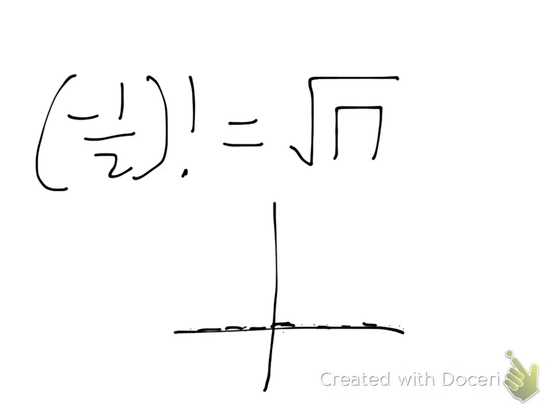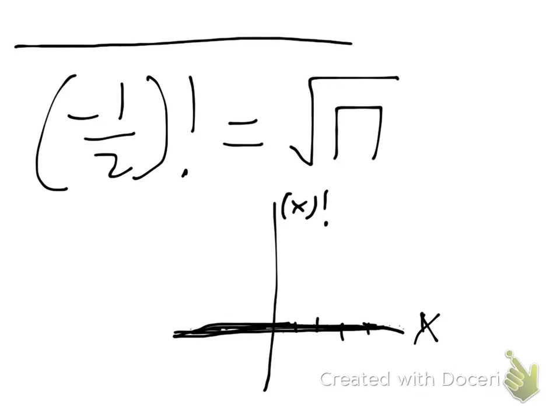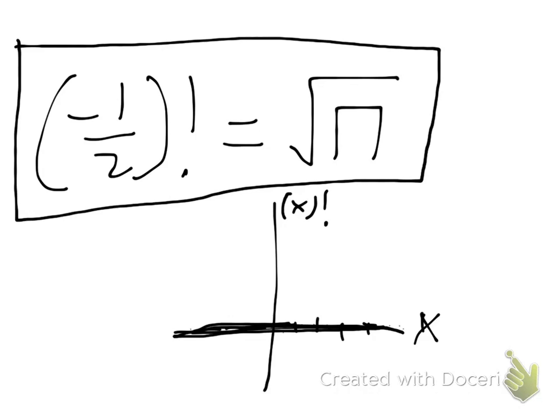So it doesn't just work for integers, it works for anything that your heart desires, and it will tell you what the factorial of that number is. So, not really particularly useful for anything, but just a fun little mathematical exercise that you can tell people. The factorial of a negative fraction, -1/2, is equal to the square root of pi.